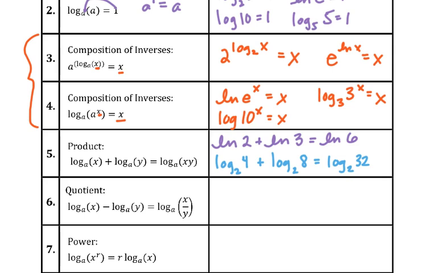And if you think about it, log base 2 of 4 is equal to 2. Log base 2 of 8 is equal to 3. And log base 2 of 32 is equal to 5, because 2 to the 5th equals 32. 2 cubed equals 8, and 2 squared equals 4.